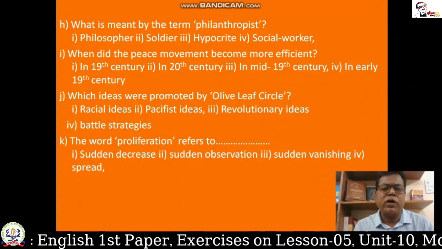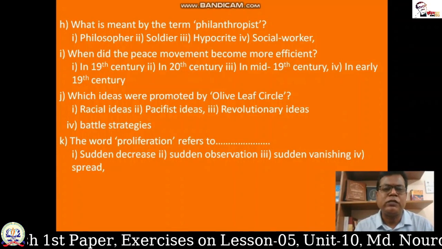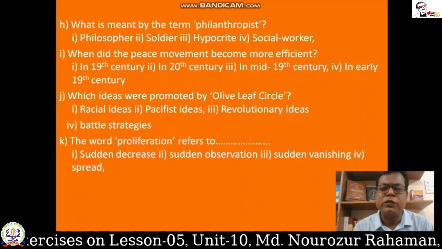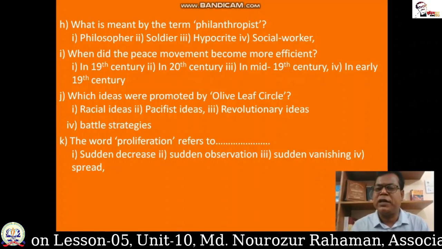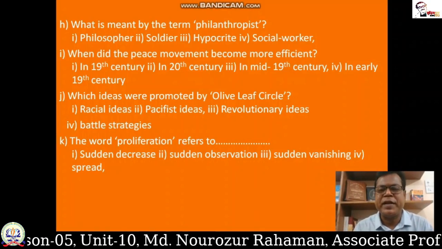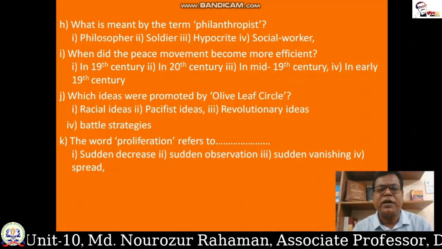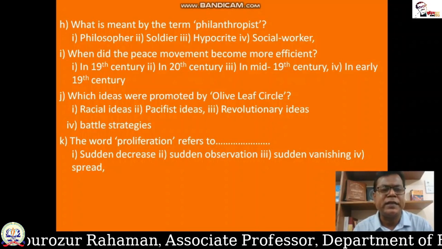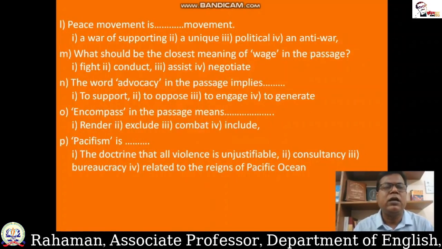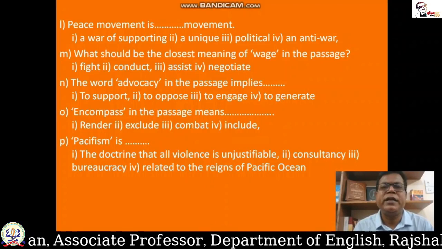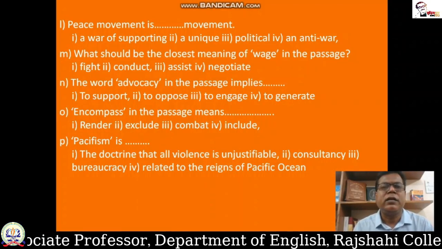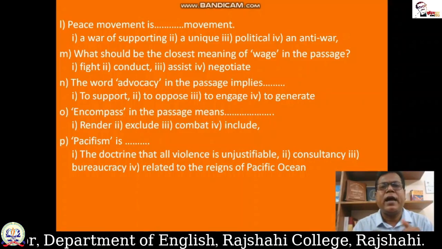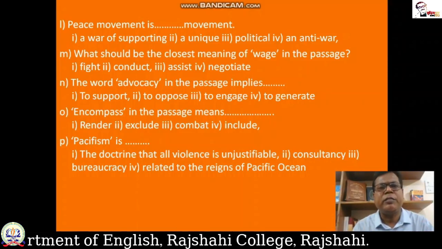Number K. The word proliferation refers to. 4 options are: number 1, sudden decrease; number 2, sudden observation; number 3, sudden vanishing; number 4, spread. Actually, proliferation means increase or spread. So, number 4 will be the correct answer, spread. Number L. Peace movement is dash movement. We know that peace movement is an anti-war movement. We know it very well.